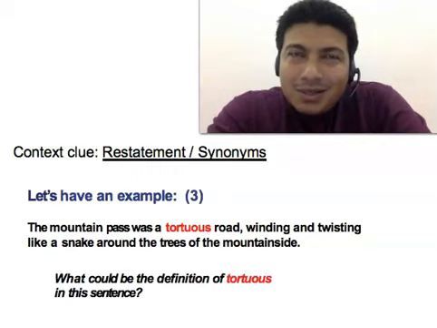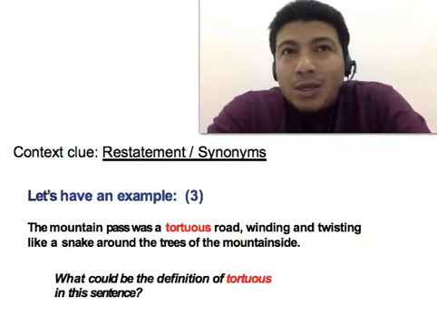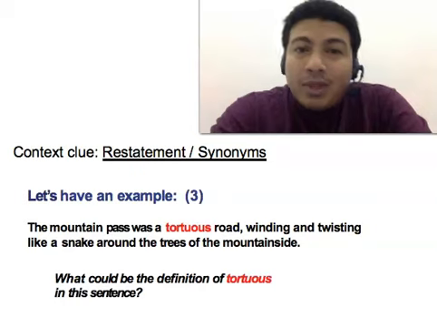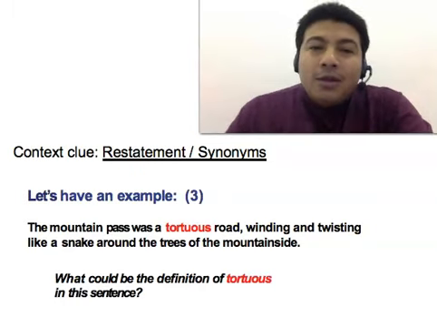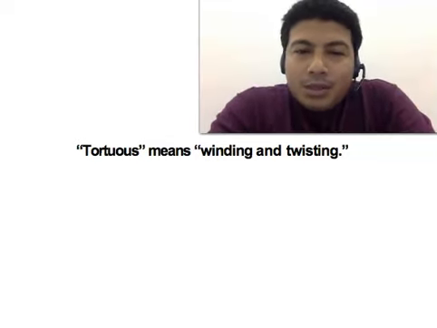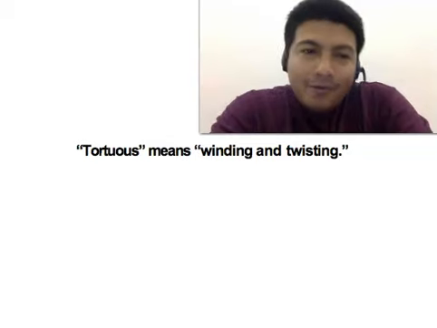So that means when you read the paragraph, you could actually find synonyms of words which will help you to guess the meaning of a difficult word that you have never heard of. So tortuous means winding and twisting, or it is long and difficult.